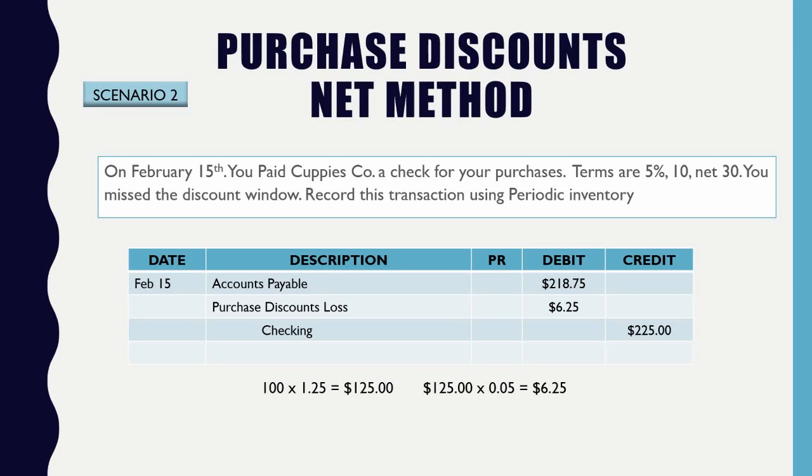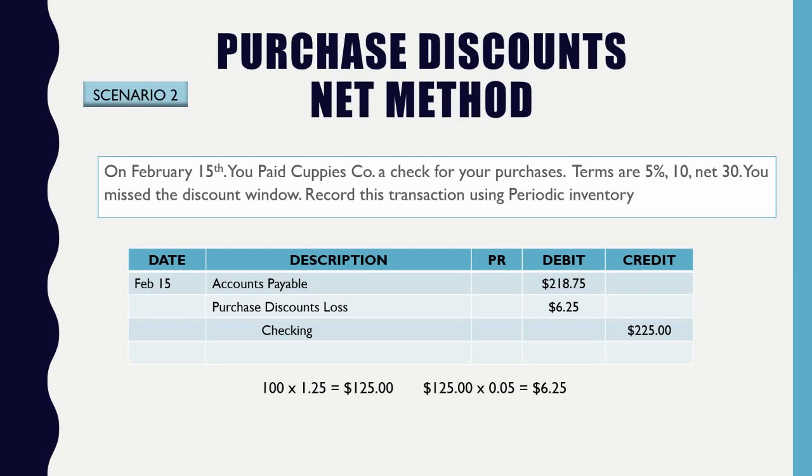Because in the very beginning, I recognized that I already discounted my items. But because I paid and missed the discount period, which can happen in businesses, because you're paying all of these expenses first and cutting the checks left and right, we accidentally missed the discount period and ended up paying on the 15th of February.